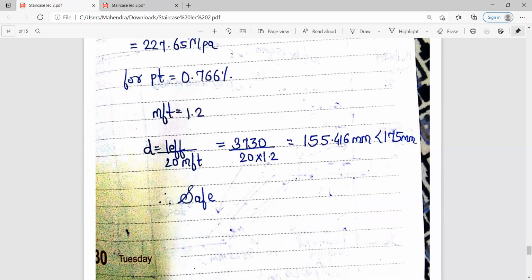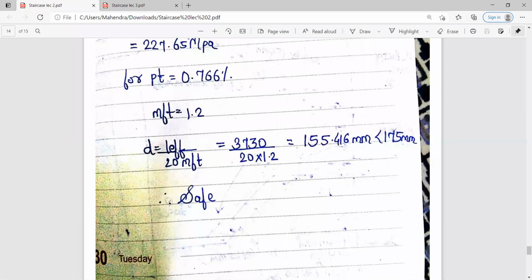So for the safer side, we will consider the minimum value for the modification factor, and as we are going to design for the simply supported slab, for simply supported slab, the D will be L effective by 20 MFT. So we will consider 20 MFT. MFT is nothing but the modification factor. And for the safer side, you have to consider the minimum value for modification factor, that will be 1.2.